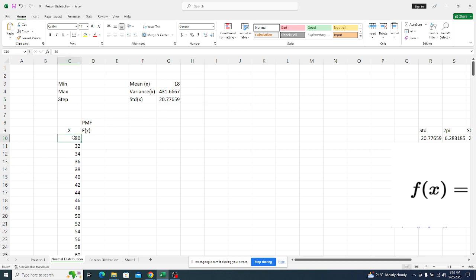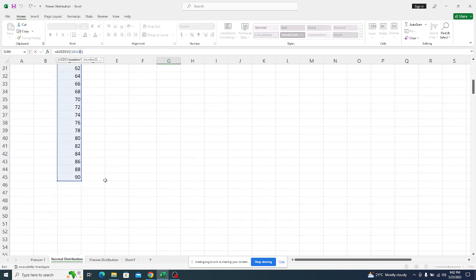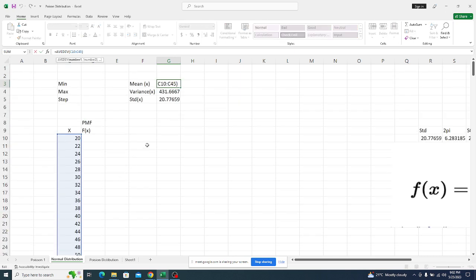So in case we want to change the variable here, maybe to 20, we don't need to recalculate. Just a minute. Why is it not changing?